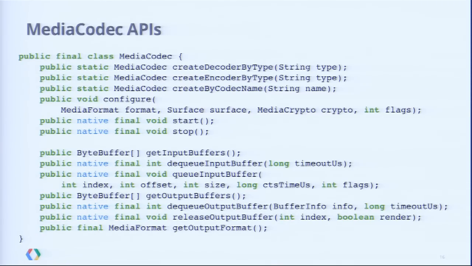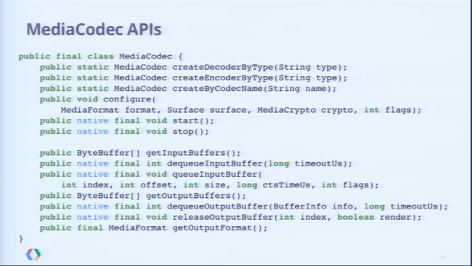Once you know the array of byte buffers, you can find out whether there are any input buffers available for you to use by calling dequeueInputBuffer. This method takes a timeout argument.